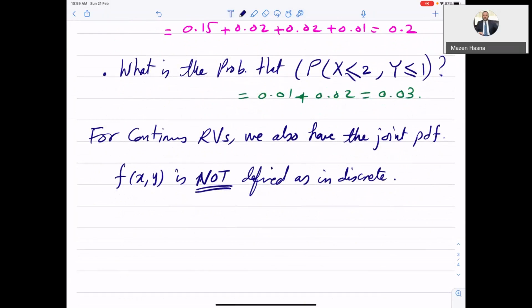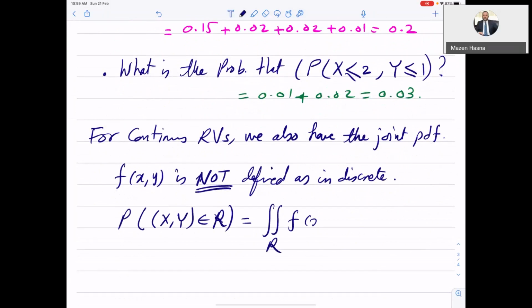Rather, we say that probability of x and y are in a certain region R is the double integration over that region of the joint PDF f of x and y.